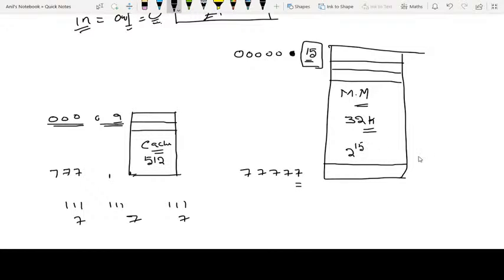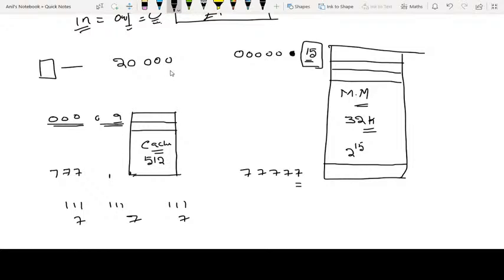Now here, let us understand when CPU tries to communicate, it is going to send a 15-bit address reference, because CPU always communicates with the memory modules by using an address length equal to the main memory address length. Let us say now the CPU wants to search for an element which is in location 20000 octal.